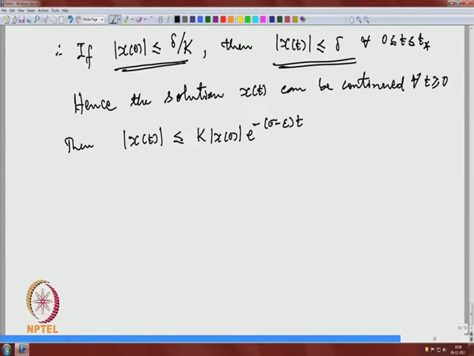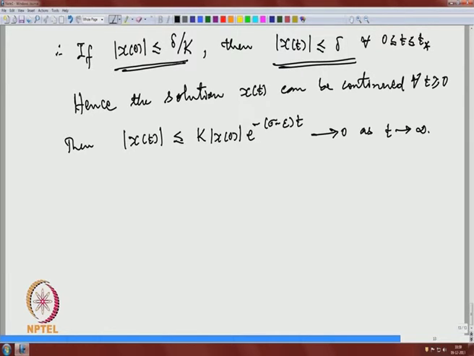We have already chosen that epsilon is less than sigma, so that goes to 0 as t goes to infinity. Okay. So, thus we have proved both our claims 1 and 2, and that completes the proof of Perron's theorem.